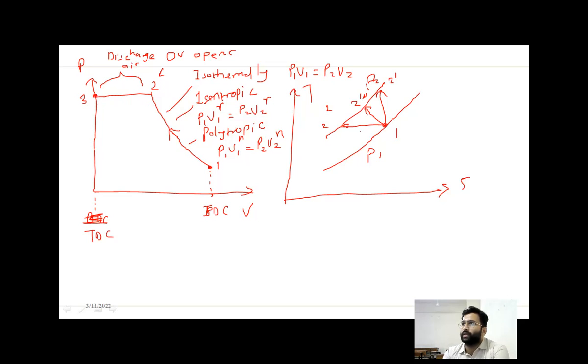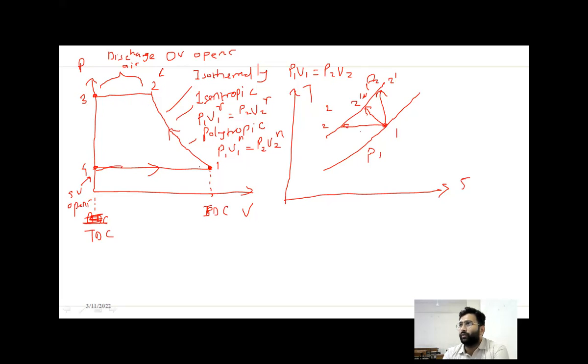Now suction is created, so it reaches point number 4. The volume remains the same, but pressure drops from P3 to P4 because it needs to create a suction. At point 4, the suction valve opens, and outside air is sucked inside the cylinder. So 4 to 1 is suction.